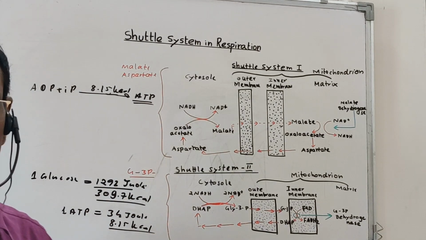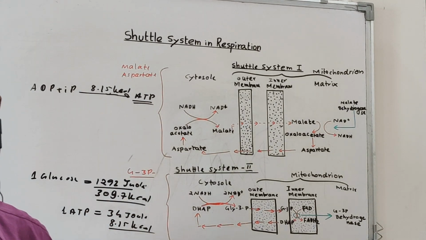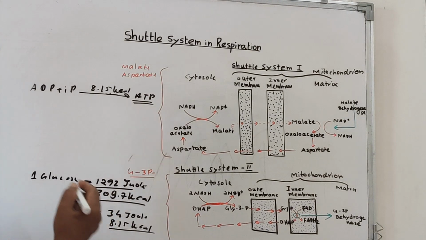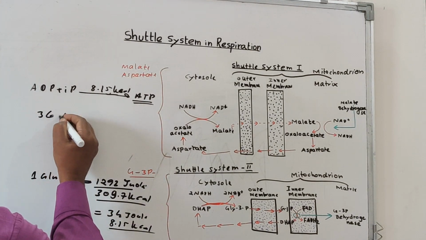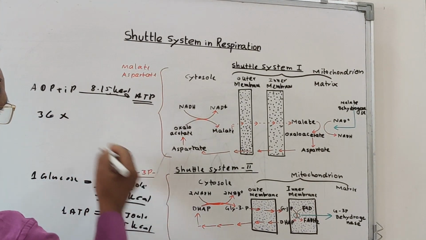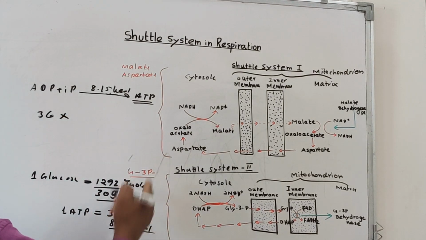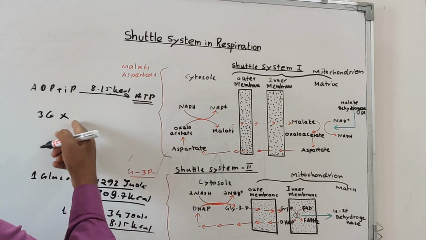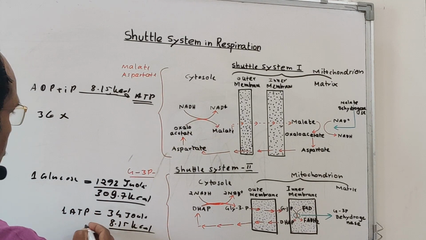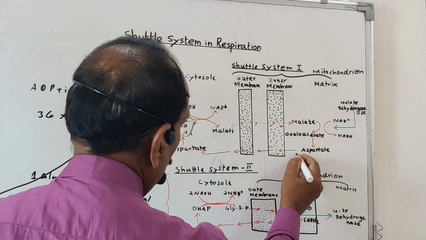So what is the efficiency? Let us take 36 ATPs produced. We take 36, not 38, because some losses are there. So we take 36 ATP because here 2 ATP are lost.